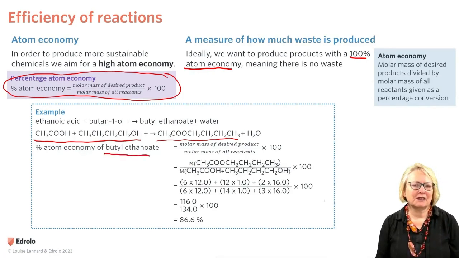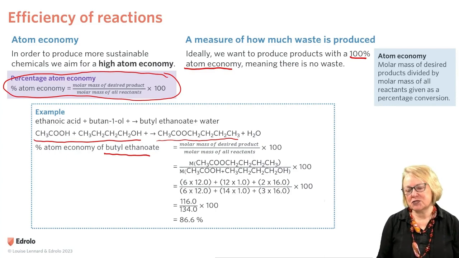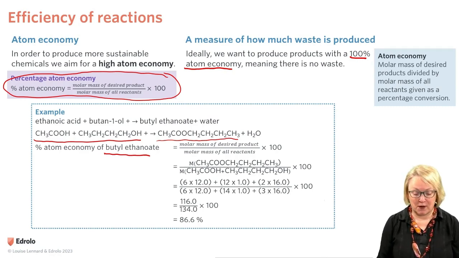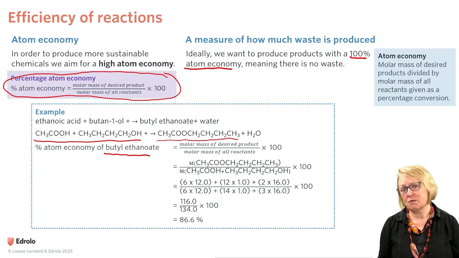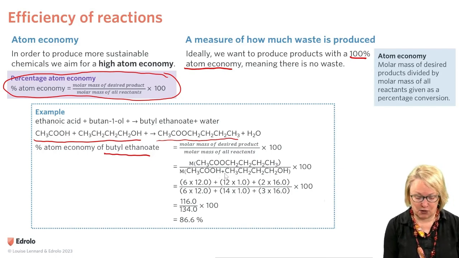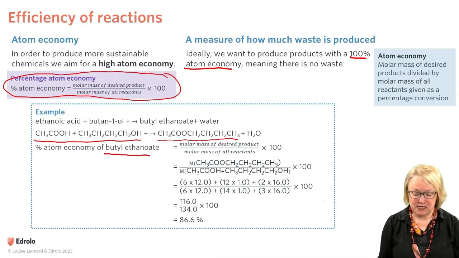So to go through an example, if we want to work out the percentage atom economy of the desired product, which in this case is butyl ethanoate, then we get the molar mass of the desired product divided by the molar mass of all the reactant atoms. So the molar mass of CH3COO, CH2, CH2, CH2, CH3, the molar mass of ethanoic acid, and the molar mass of butane-1-ol times by 100.